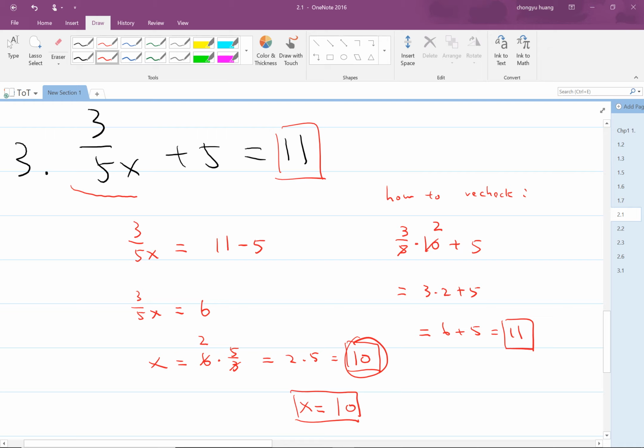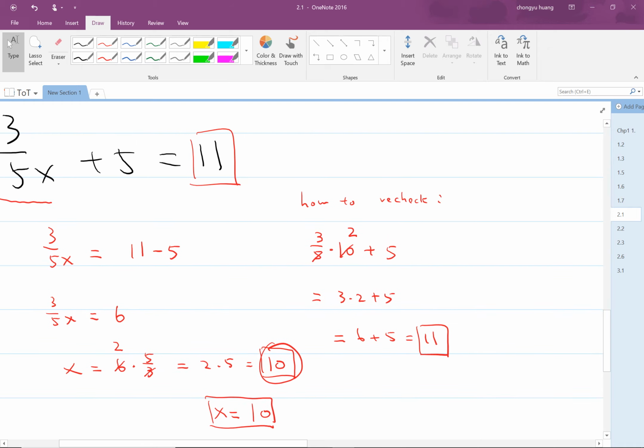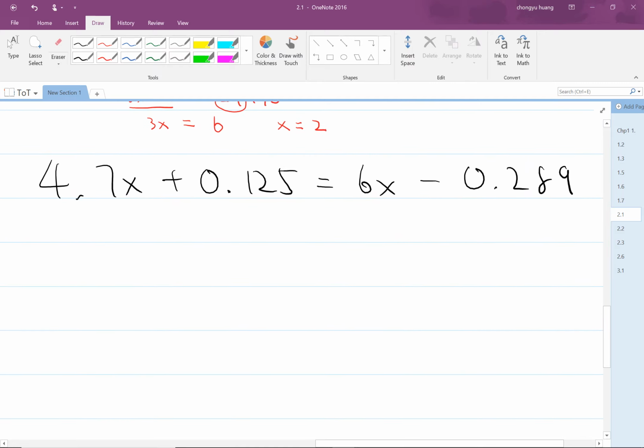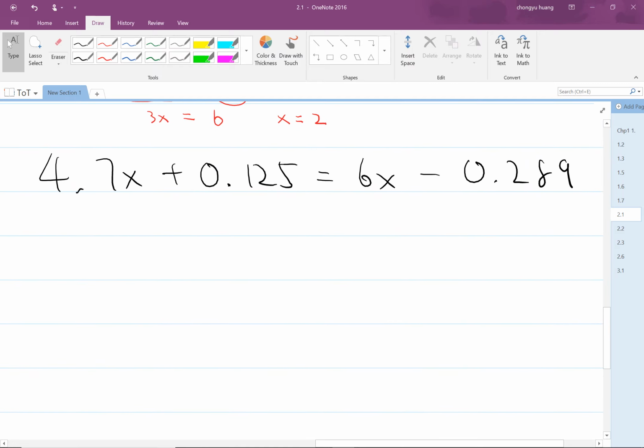Yeah, so let's move to the next question. Now things get a little bit more complicated, right? So remember this rule I said to you before? We have to move the x, the variable, to one side, and then the number to the other side, right?